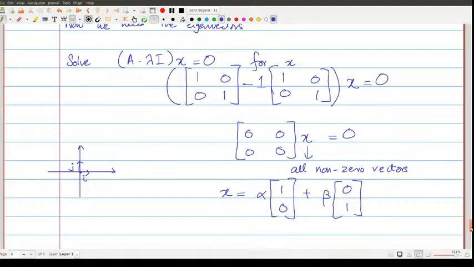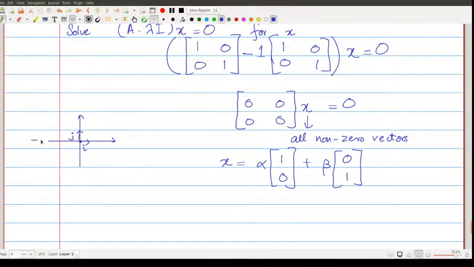So really, if you think about it, it's this line and it's this line, right? So we've written down the basis vectors, and these give us all the possible eigenvectors, right? Okay, but really it's just all non-zero vectors, which we've written down in basis form.